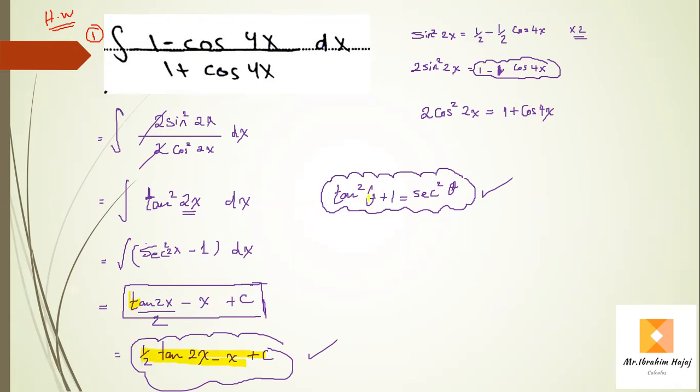If it's tan squared 2 theta plus 1 equals sec squared 2 theta. Okay. So the integral of sec squared 2x is tan 2x over 2. Okay, Abdurrahman. Yes, Mr. Okay.